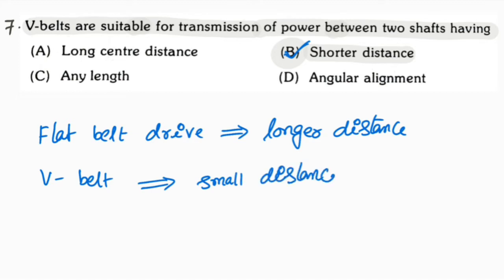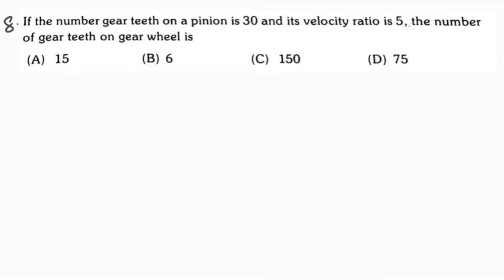Let us take another problem. These are all very, very important problems. Look at the eighth problem. If the number of gear teeth on a pinion is 30 and its velocity ratio is 5, the number of gear teeth on the gear will be?